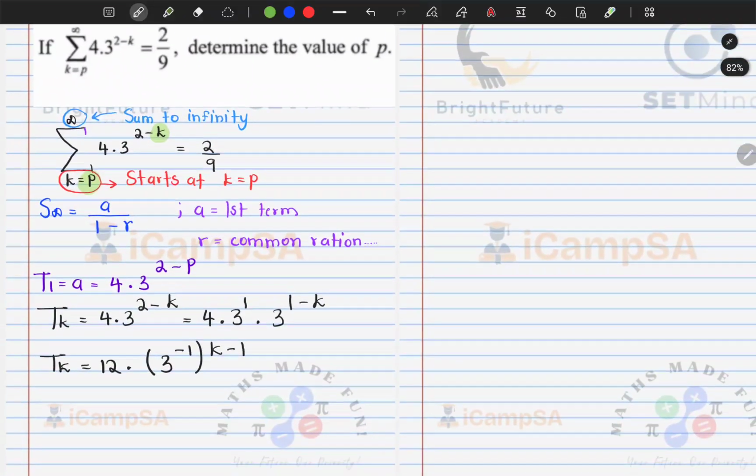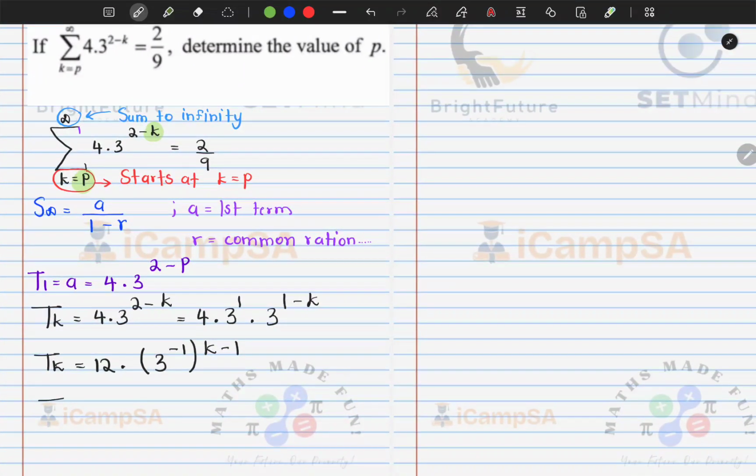Then I have tk equaling 12 times 1 over 3, all to the power of k minus 1. Now that it is in this form, I can easily see that the r value is 1 over 3.